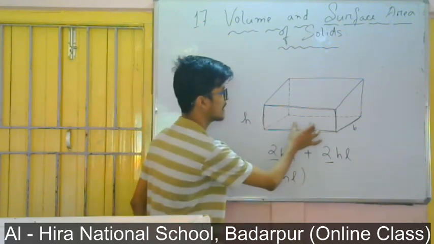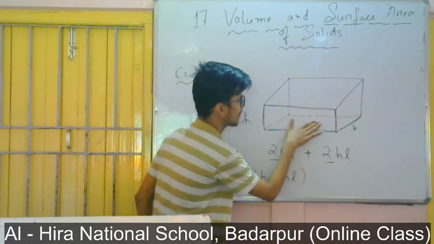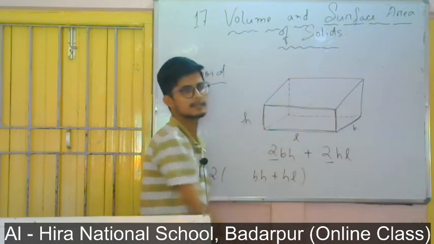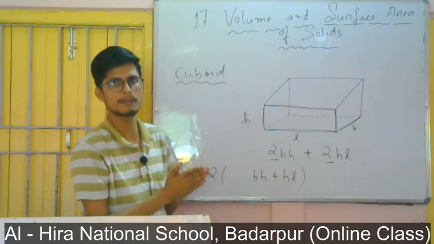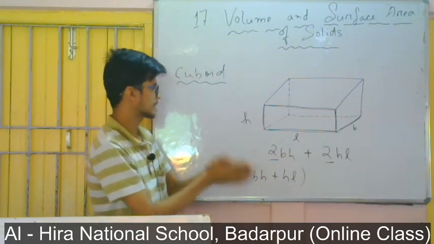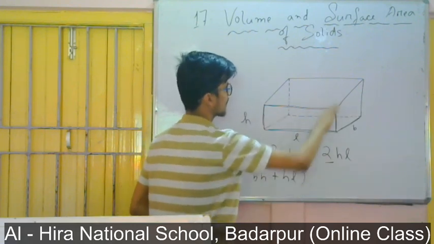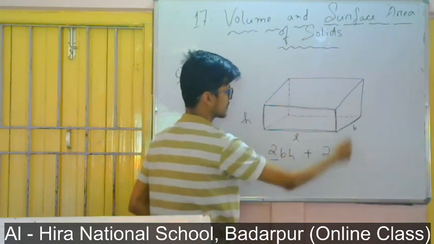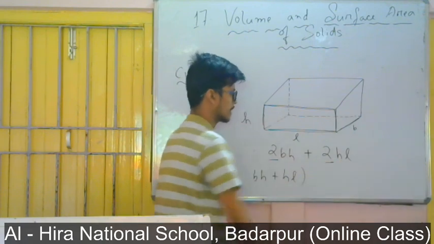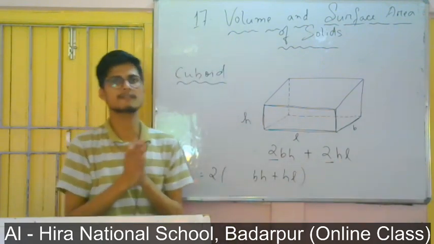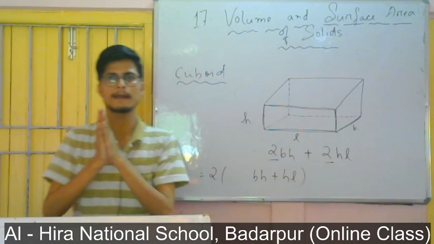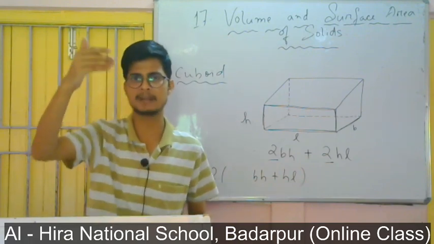For this one it will be length into breadth. I get one length into breadth here and one there, that means 2 into LB. Then for this side and this side similarly, 2BH. Then the front side and the back side similarly, 2HL.